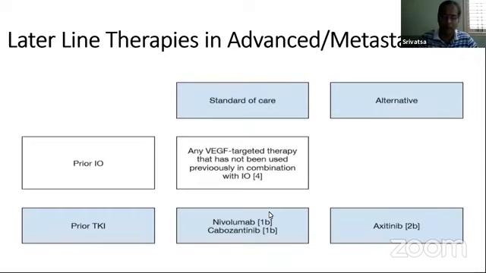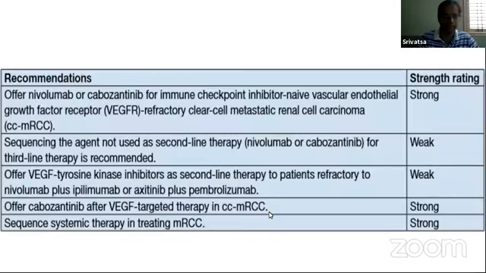We can probably go for second line or third line immunotherapeutic drugs, but there is no guideline as such. Patients who had a prior TKI, that is a TKI at the beginning of their disease management, can be offered either single agent nivolumab or another TKI, cabozantinib. The alternative is to use another TKI, axitinib.